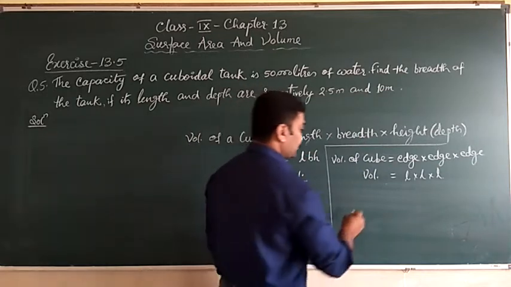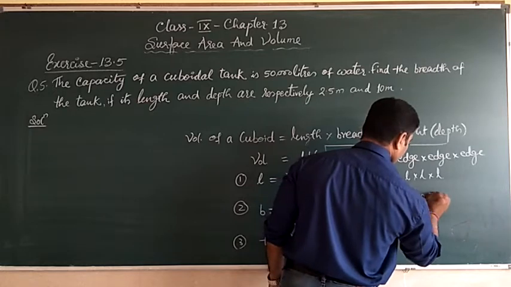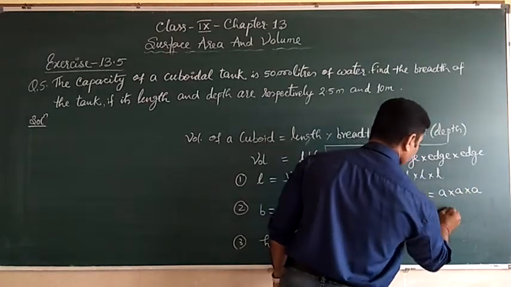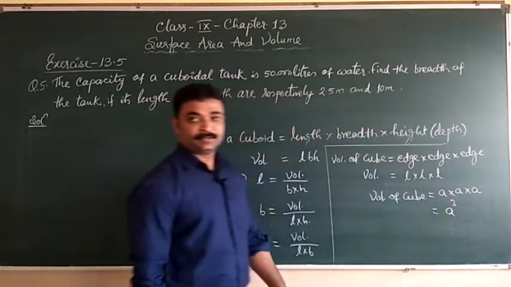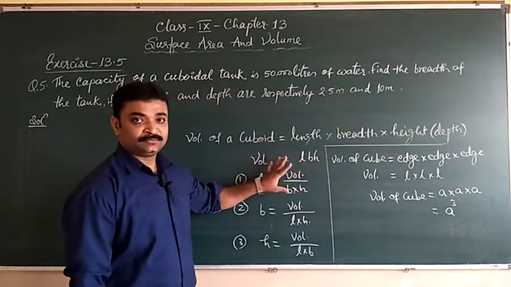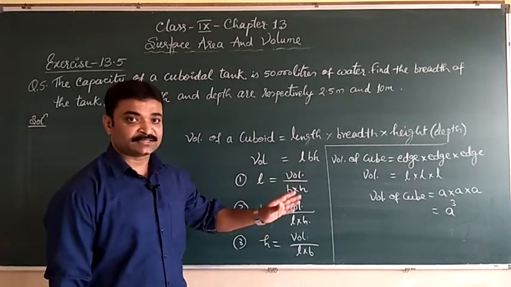Or we can write volume of cube is equal to A into A into A, or A cube. So volume of cube and volume of cuboid, you all know, you have learned it in the previous classes.